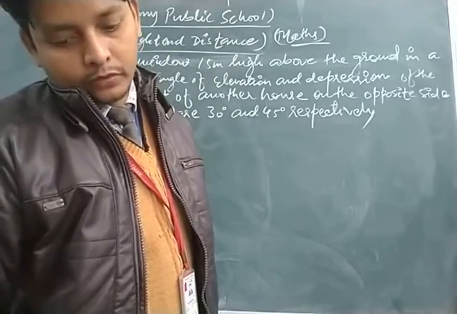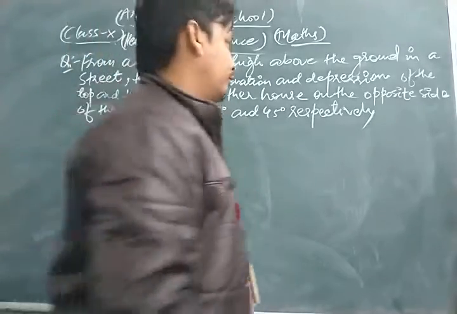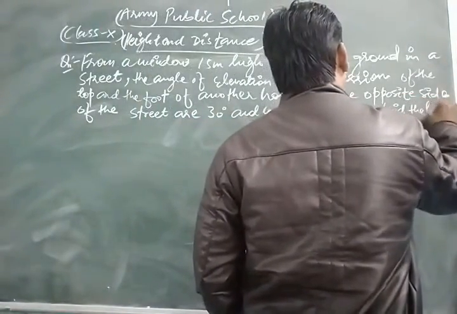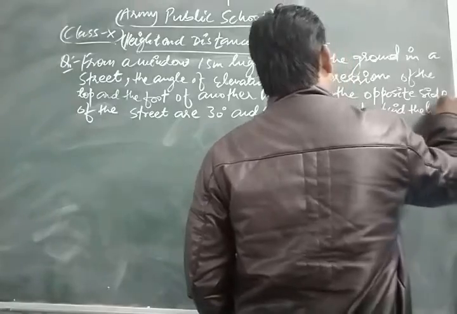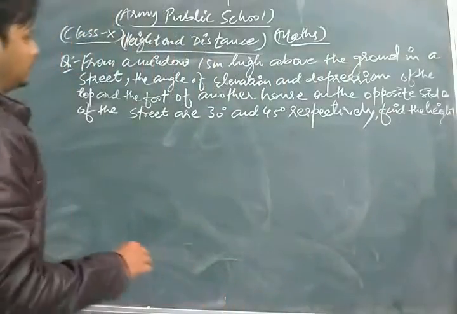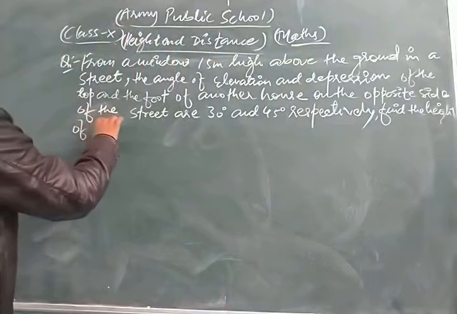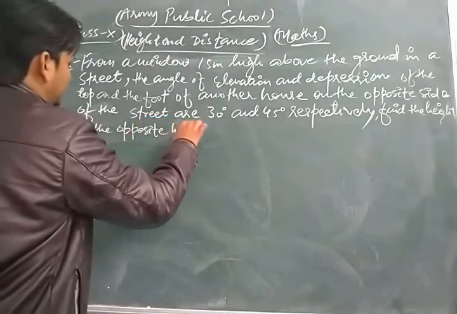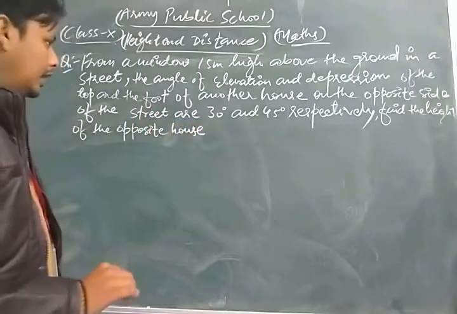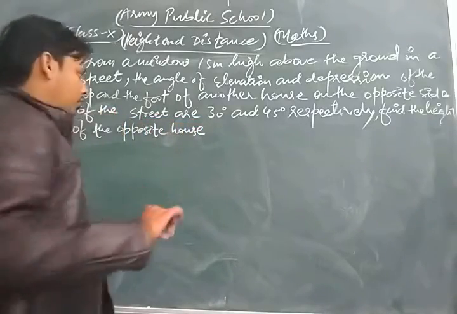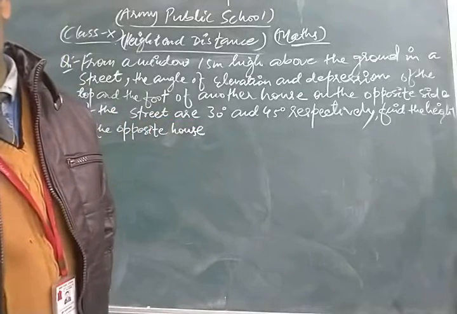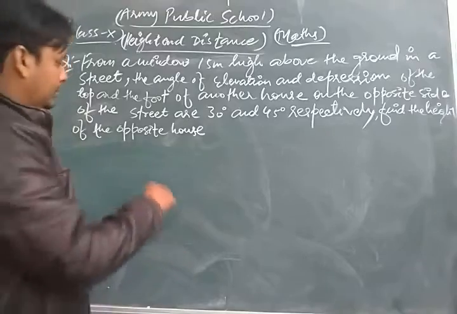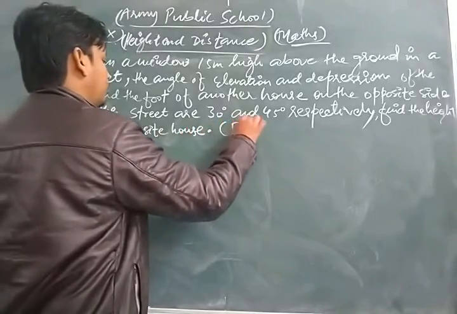Find the height of the opposite house, and you take the value of root 3 as 1.732.